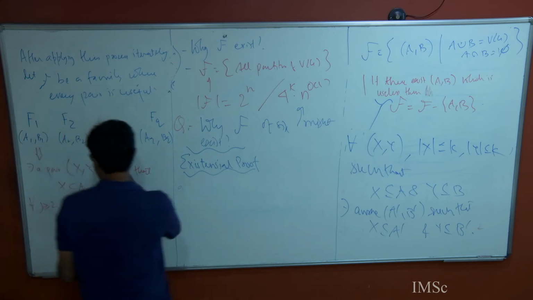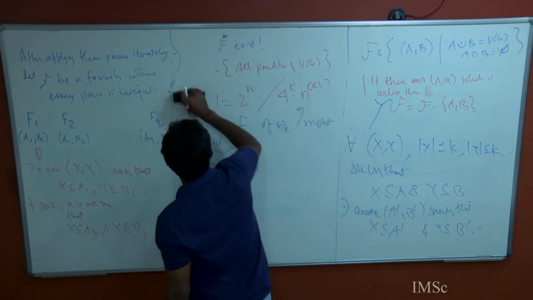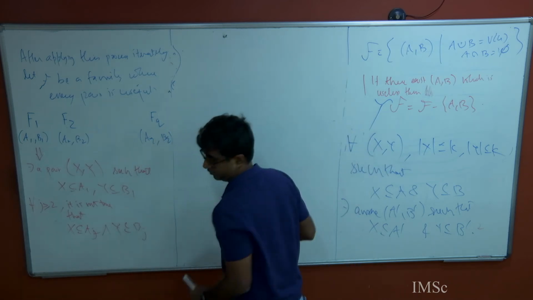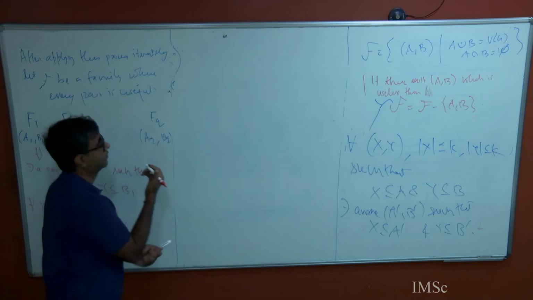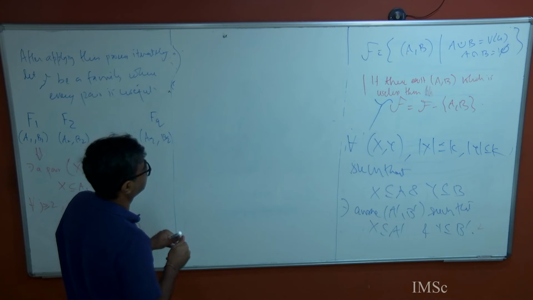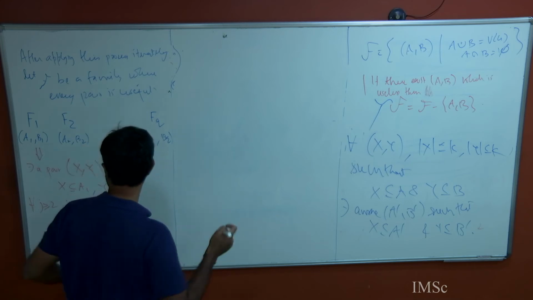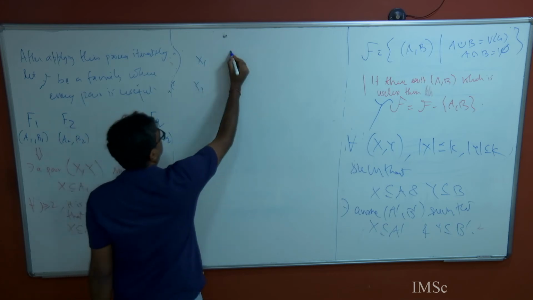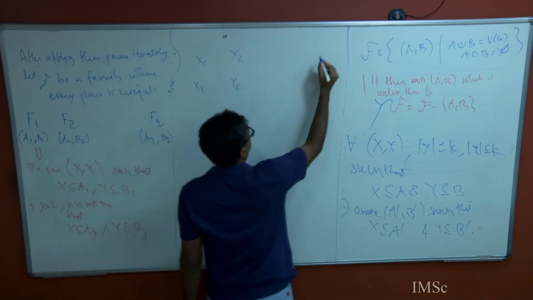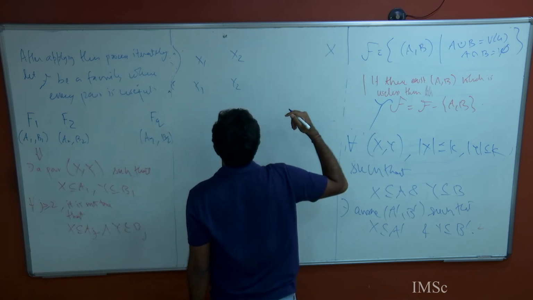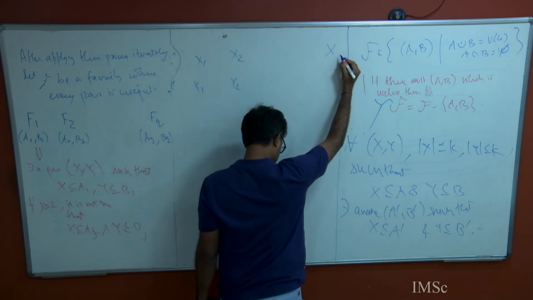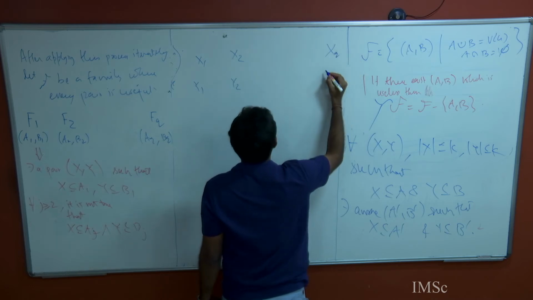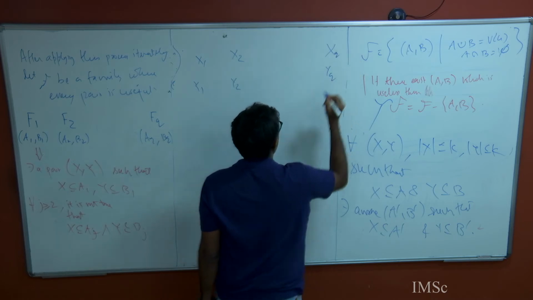Okay. So now let's try to write down these sets and see what the properties of these sets are. I'm not sure if this proof will hold this way, but let's see. I have gone in a completely different direction. So let's write down x1, y1, x2, y2, up to xq, yq.